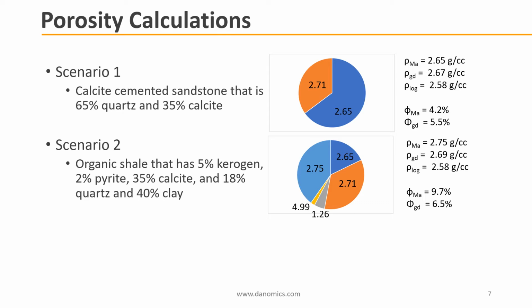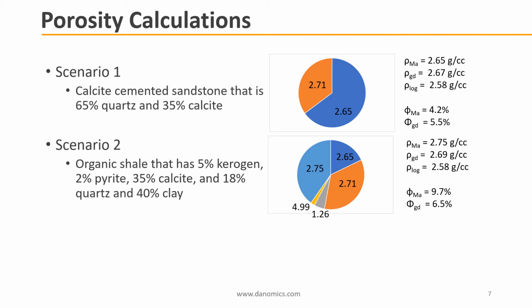This is a very material difference. This is a difference of 33% in this case. And if you think about how you might set cutoffs to analyze something for net reservoir or net pay, you may set that cutoff at, let's say, 5%. And if you did that in this case, that's the difference between flagging something as reservoir and non-reservoir quality rock. Okay, so that's a very simple example.